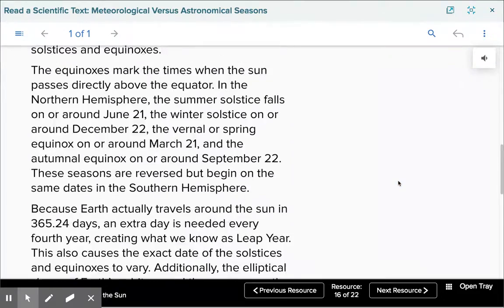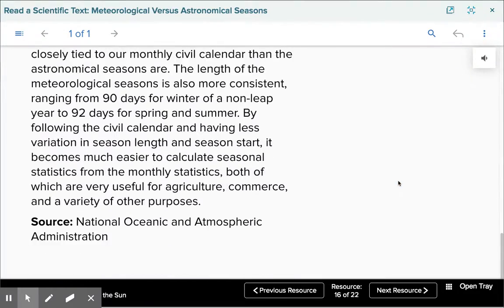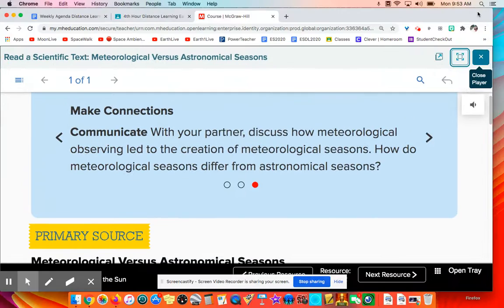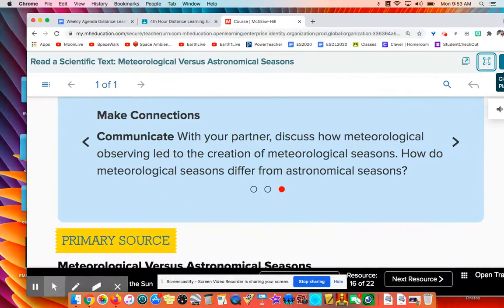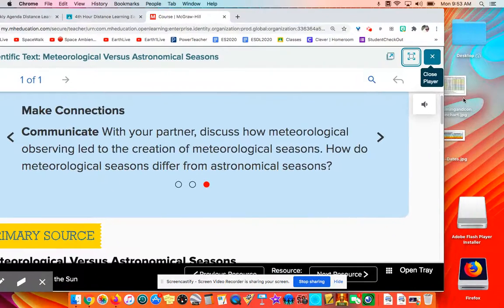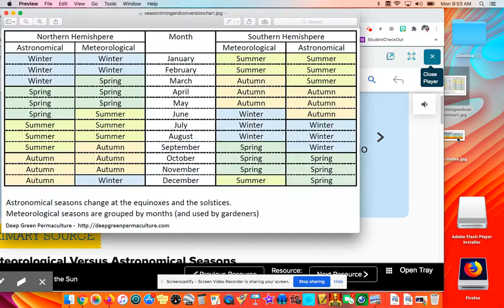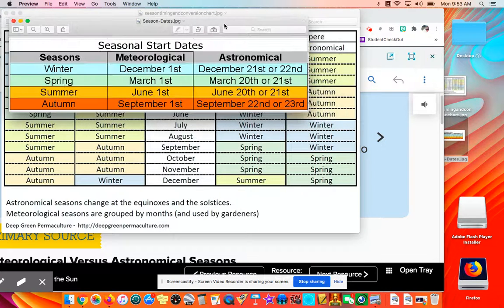So when you read this text, there's not a lot of pictures with it. So I thought to help you out, I would kind of give you an idea what they mean. You know, meteorology is weather. So I found these two images on the internet.